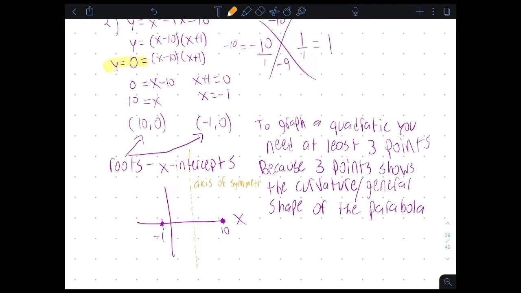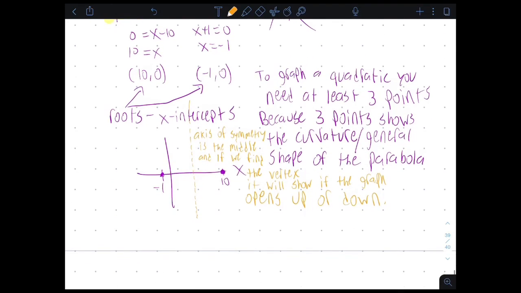The axis of symmetry is the middle, and if we find the vertex, it will show if the graph opens up or down. We don't know if we're going to have a U parabola or an N parabola until we find out where the vertex is.